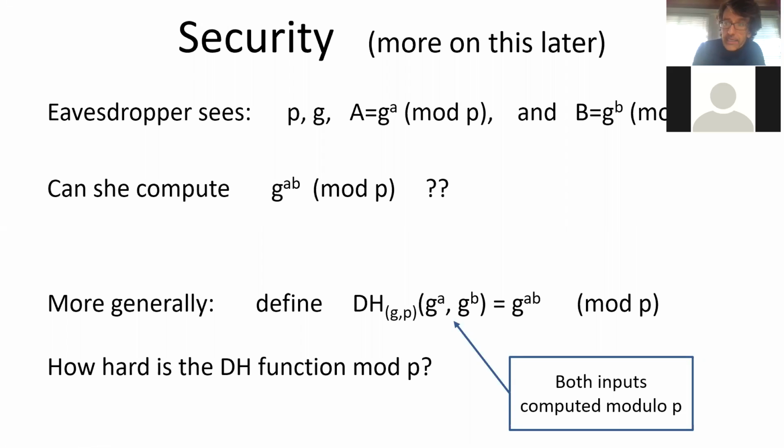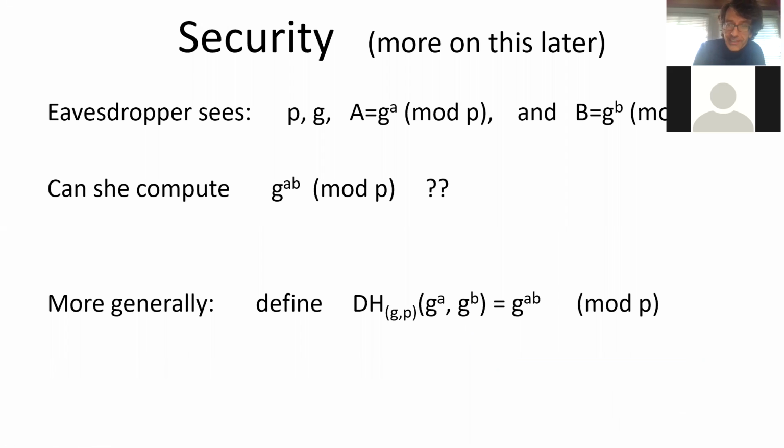And that is exactly what is needed in this protocol, right? Parameters are fixed. Even they can be fixed by NIST or NSA. They can be adversarial. It's still okay.